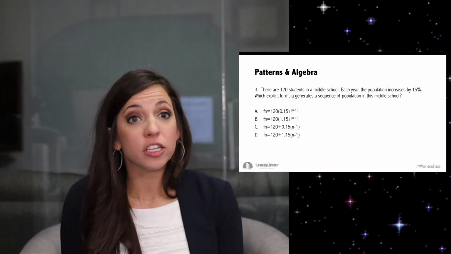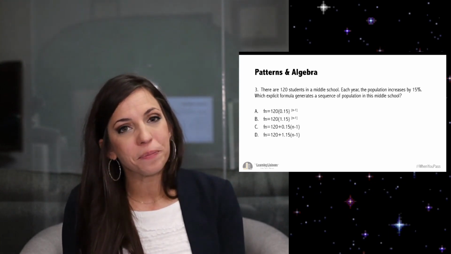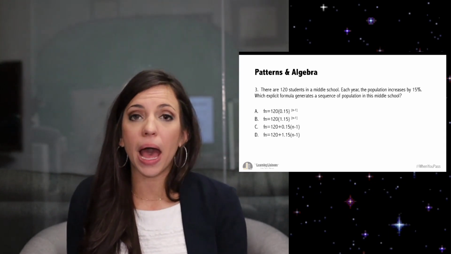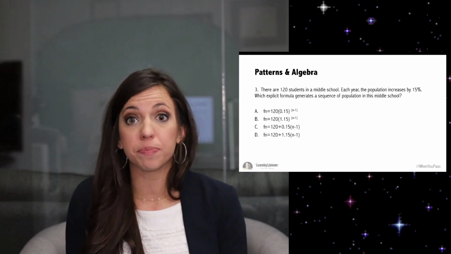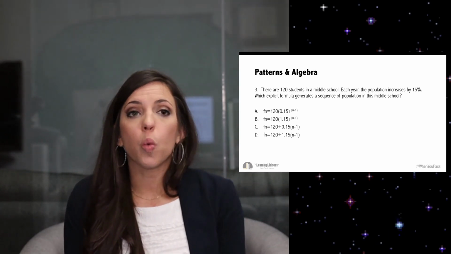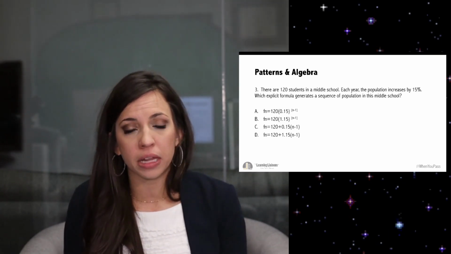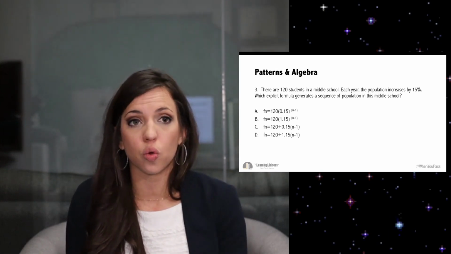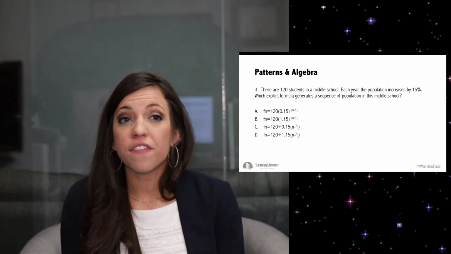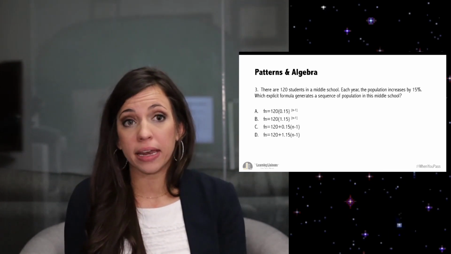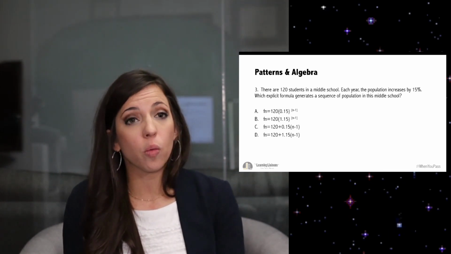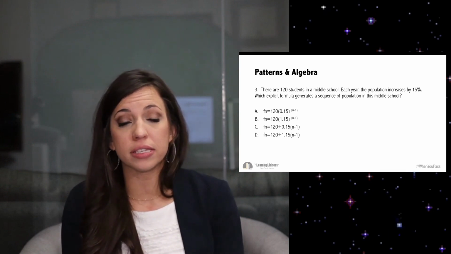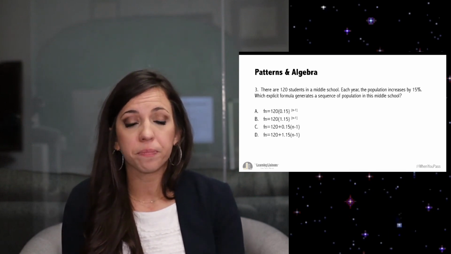There are 120 students in a middle school. Each year, the population increases by 15%. Which explicit formula generates a sequence of population in this middle school? A, function equals 120 times 0.15 or 15 hundredths to the n minus 1 power.